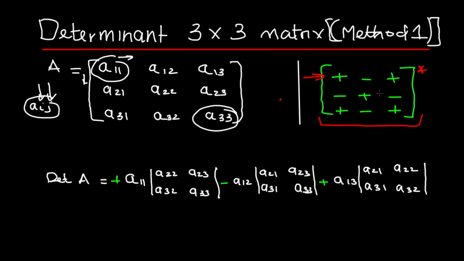There are several ways in which you can try to remember this. You have positives in the corners here. For a 3 by 3, you have positives in the corners, and then all the diagonals, like the main one, which is from here to there, and this one down here, from here to there, they're all positives.